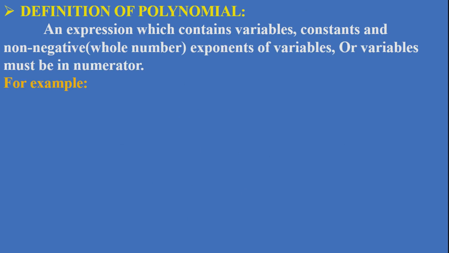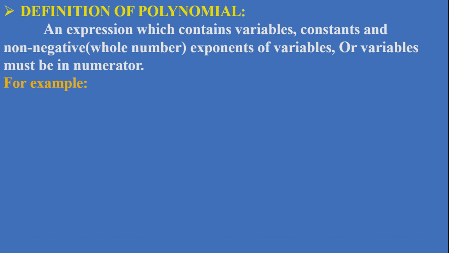From the name itself it is quite clear that poly means many and nomial means terms. So any expression which has many terms, that is called polynomial. Basically what we use in any expression, we use variables, constants and exponents on the variables, right?